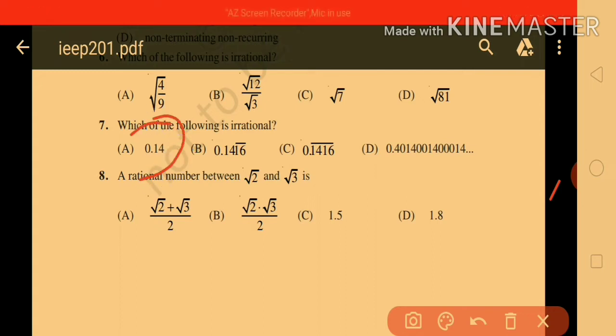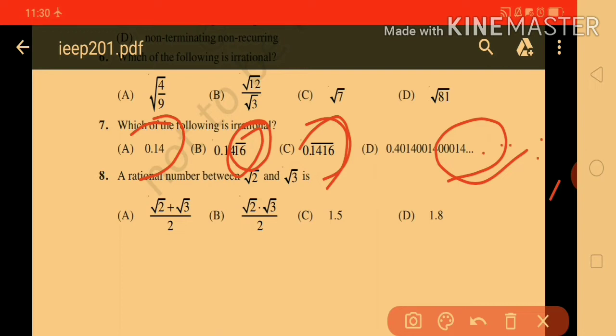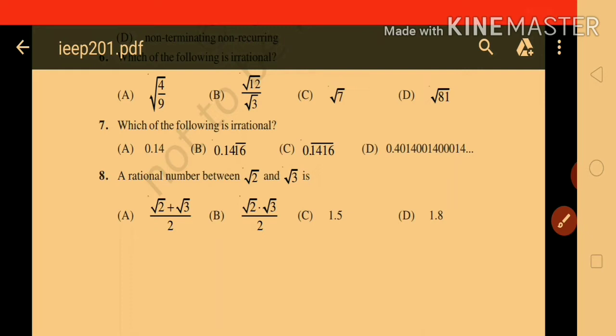So 0.1416, here is the repetition of 16, so it is also a rational number. Here is the recurrence of 1416, so it is also a rational number. But we see 0.401, 4001, 40001, so there is no recurrence and it is not terminating because it has dots at the last. So the irrational number is D part, right?